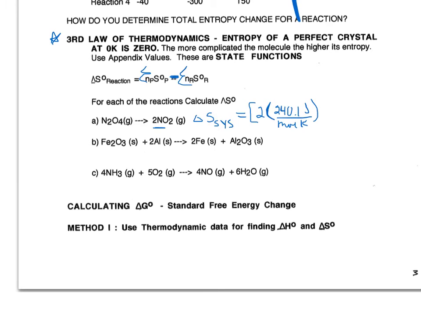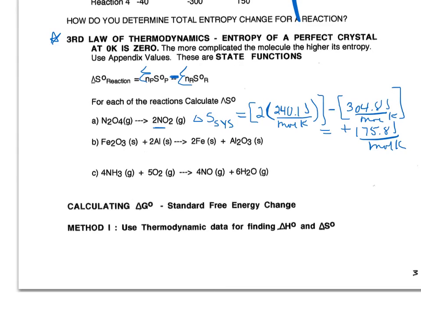All right, those are our products, and then minus, we have the summation of, we just have 1 mole of N2O4. If you look up its value, it should be 304.8, and again, that's joules per mole Kelvin. So this overall value comes out to be, aha, just as you predicted, positive 175.8 joules per mole Kelvin.